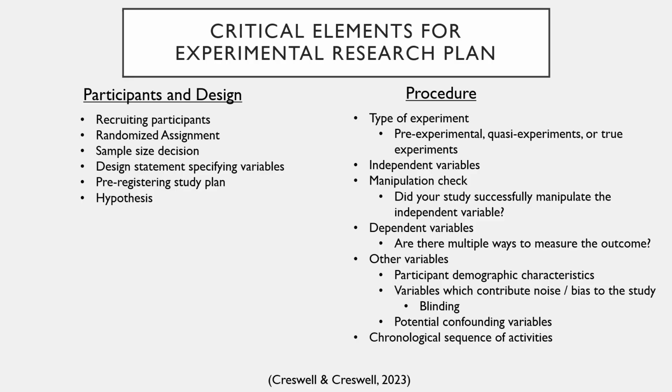And then you also want to look at blinding, which would be helping eliminate that experimenter or participant bias, whereas either the experimenter or the participants or both are blind to who is in what group for the study so that the bias is reduced as much as possible. And then you also want to include the chronological sequence of events that you're going to follow in the experiment.